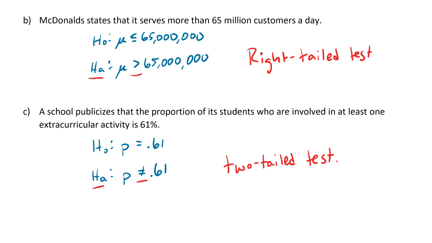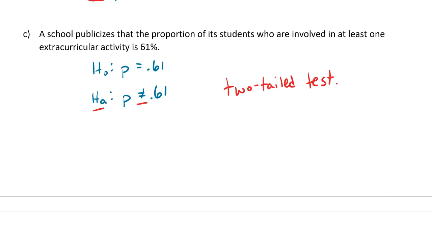All right, and keep in mind, we didn't have an example of it here, but if we had one where HA was something like mu is less than, let's say, 50, that would have been a left-tailed test. Again, didn't have one here, but just wanted to mention it.